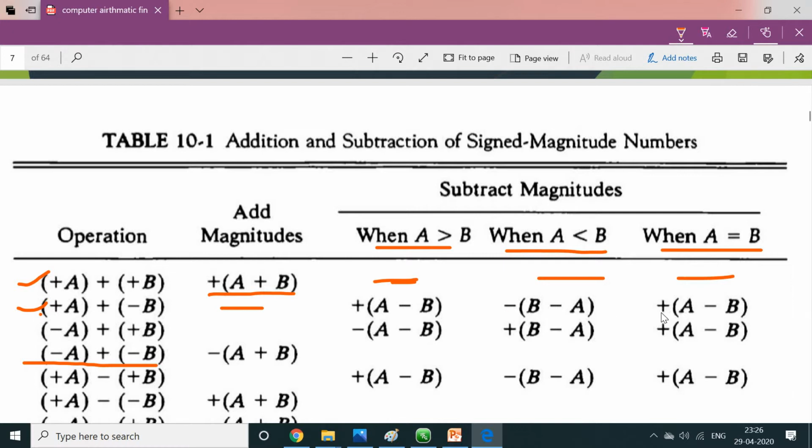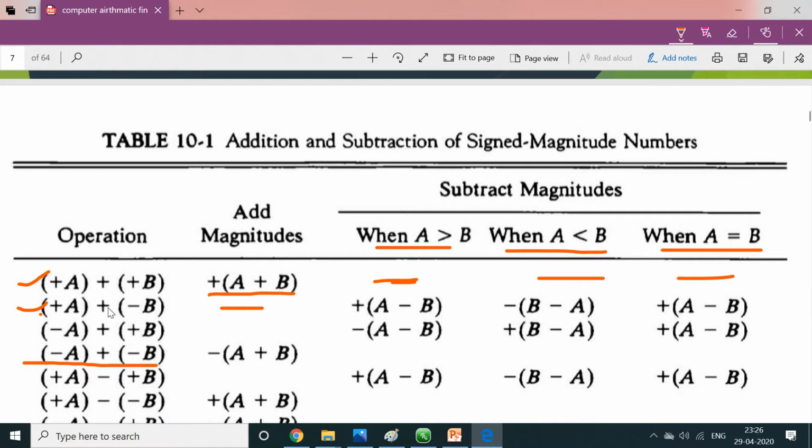In the third case, when A is equal to B, A is equivalent to B. For example, A is equal to 5 and B is equal to 5. Plus 5 plus minus 5 is equivalent to 0.